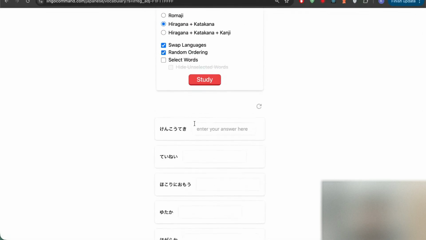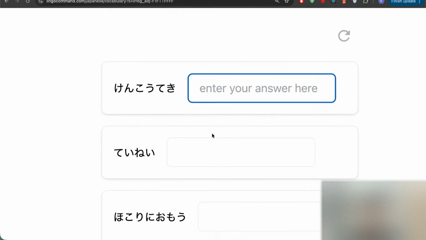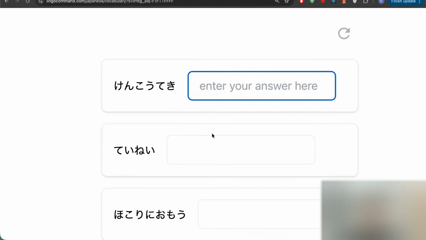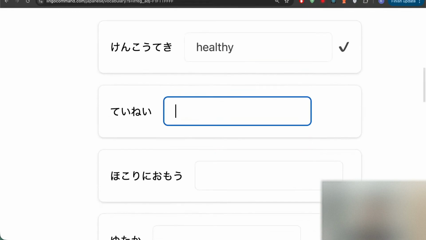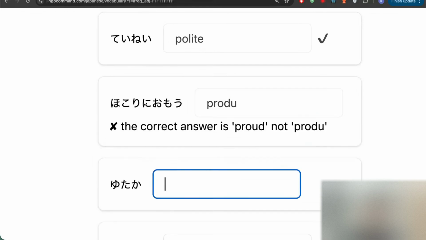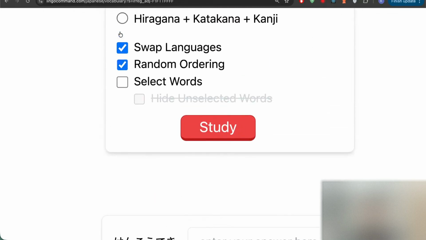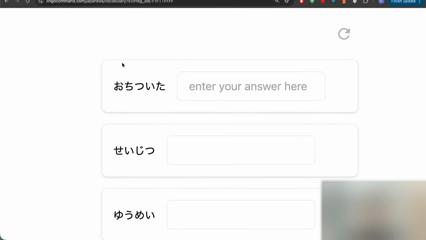We're going to do one more round, and now we're going to do them consecutively, no skipping. So first one here, kenkou teki is healthy. Teine is polite. Hokori ni omou is proud. I'm just mistyping. Let's go again. Ochitsuita is calm.